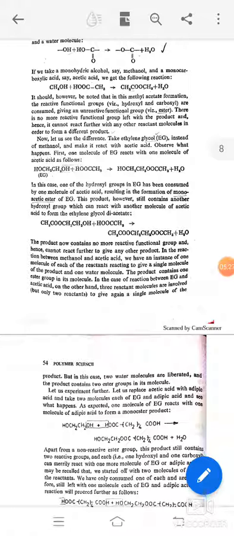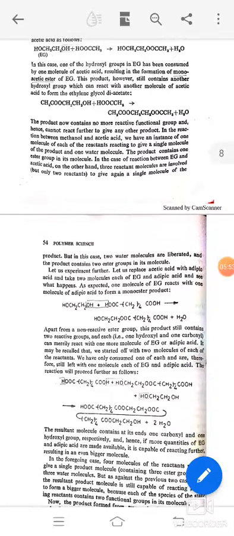Let us experiment further. Replace the acetic acid with an aliphatic acid, like adipic acid, and take two molecules each of ethylene glycol and adipic acid and see what happens. As expected, one molecule of ethylene glycol reacts with one molecule of adipic acid.